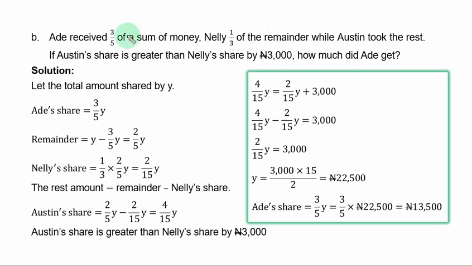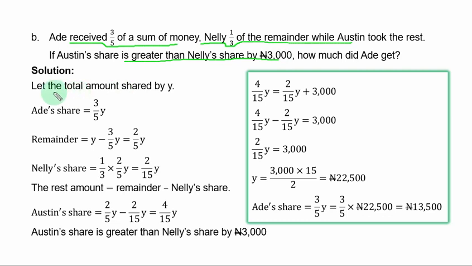Question 12b. Ade received 3 over 5 of a sum of money. Nelly 1 over 3 of the remainder, while Austin took the rest. If Austin's share is greater than Nelly's share by 3,000 naira, how much did Ade get?